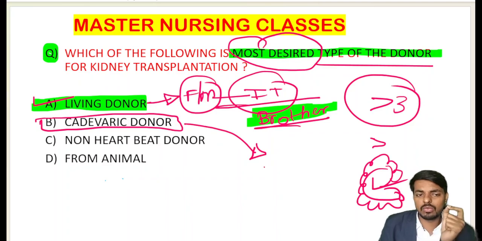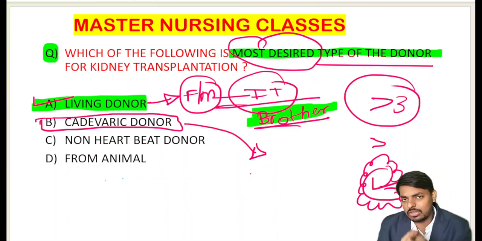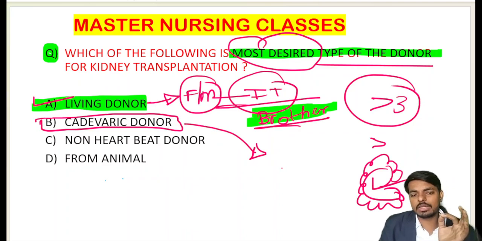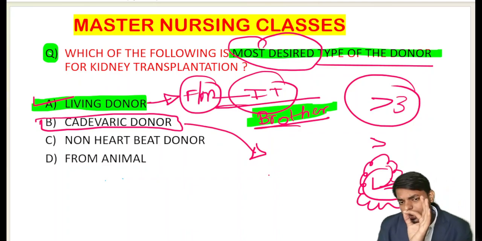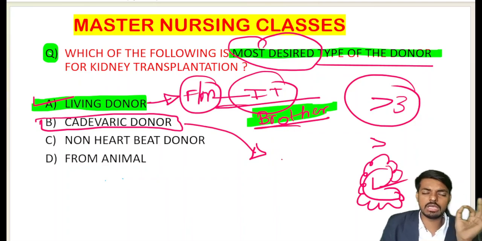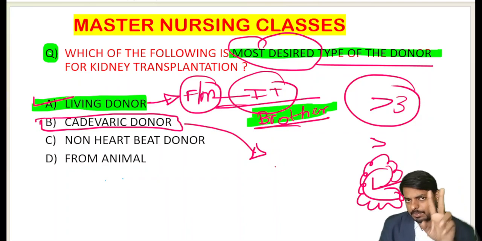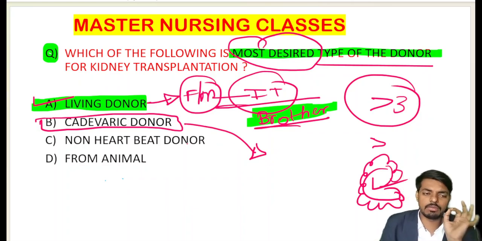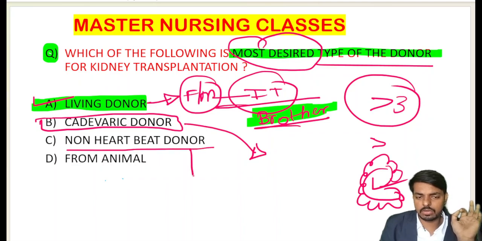So that is whom we call a cadaveric donor. Here, very importantly, the person should give consent for organ donation. If the person is in a deep coma, we can take the consent from the family member. Very, very important. And option C is the non-heartbeat donor.